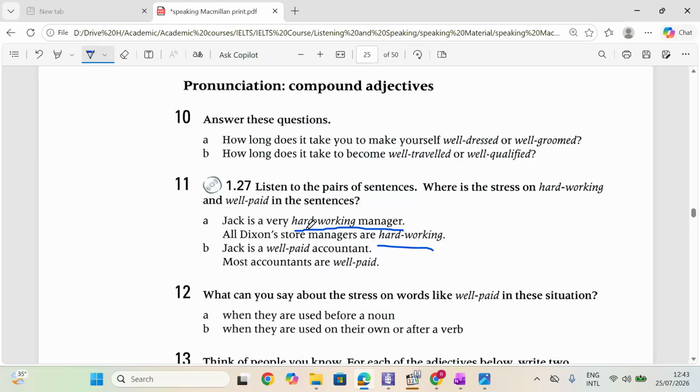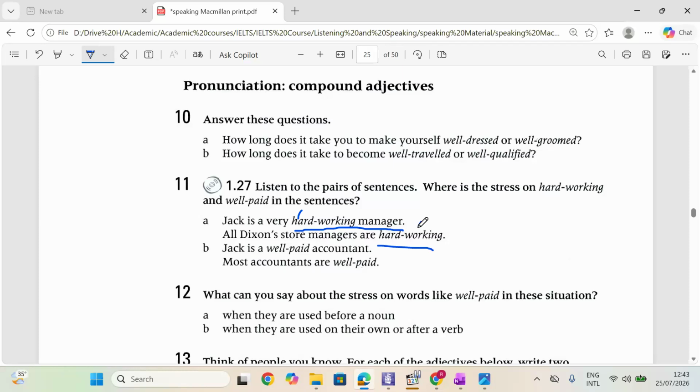When you have a compound adjective used as an adjective for a noun, I have here hardworking, adjective for the noun manager, the stress falls on the first word, hardworking. But when the compound adjective is used without a noun, as a predicate adjective, like the second example, the stress falls on the second word, hardworking.